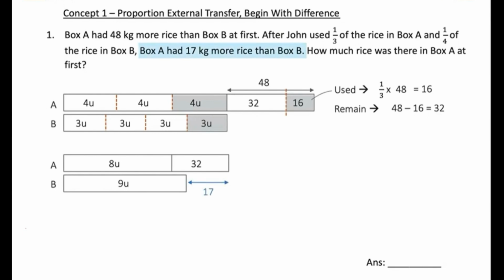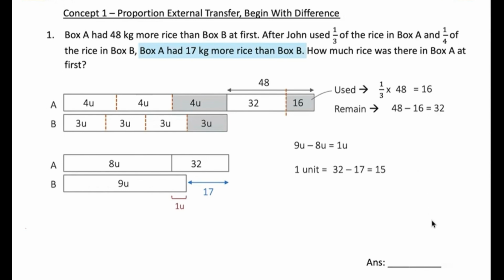Now from the model, you can see if I use 9 units minus 8 units, the difference is here, 1 unit. And the 1 unit is equal to 32 minus 17. Any question? So you got 1 unit equal to 15, right?